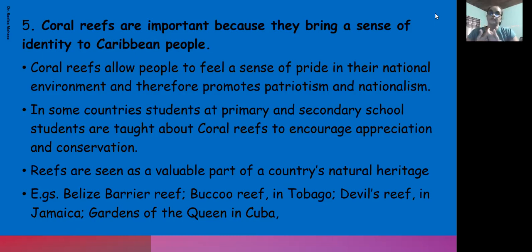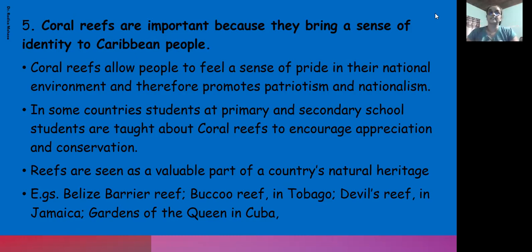Talk to people from Belize or from Tobago, especially those who work on the reef, and you will see the sense of pride that they have in their reefs. Okay? In some countries, students at primary and secondary schools are taught about coral reefs to encourage appreciation and to help them to understand why it is important for us to conserve the reefs.